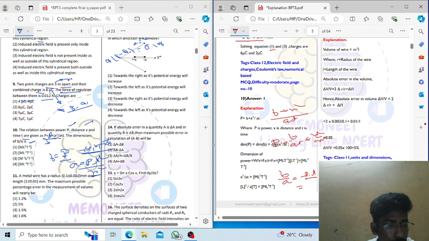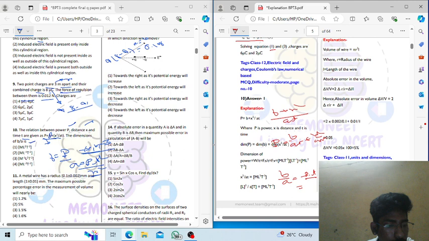Okay. Now question number 11. Metal wire of radius this and this, the maximum percentage error in the measurement of the volume. Here it is a very simple one. Volume is pi r square L. So we consider the experimental variables. Here the variables are r and L. The exponent of L is 1. It will lead to the error, and the value is given as 0.1.